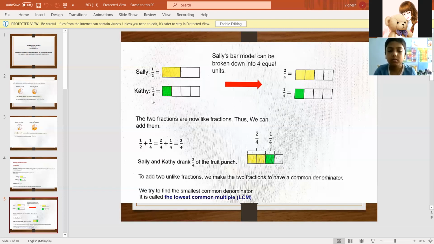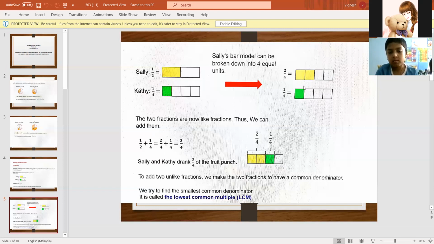So 1/2, you have to multiply the 2 with 2 to make the denominator the same. And the 1 also you have to multiply with 2. So this new fraction is 2/4. Very good. Can you see the new bar model that we have created here?